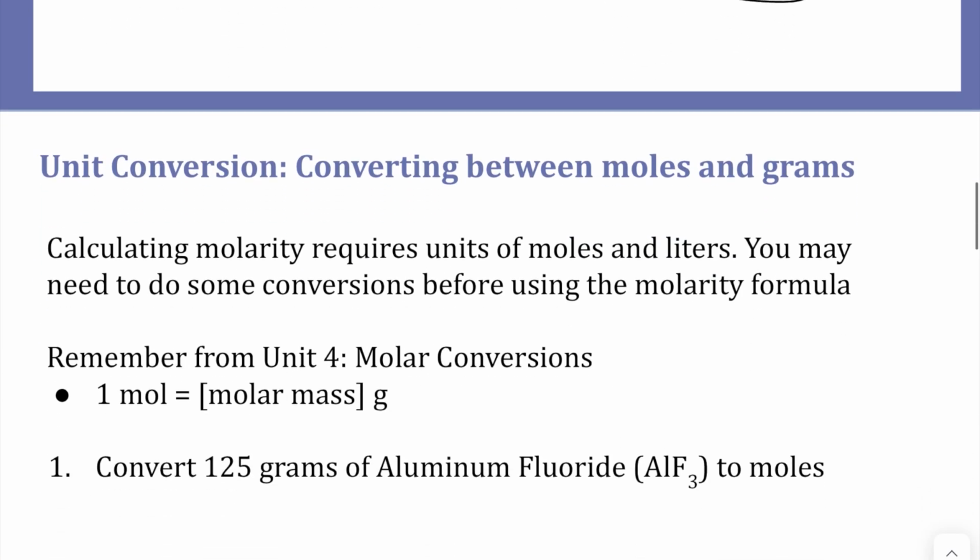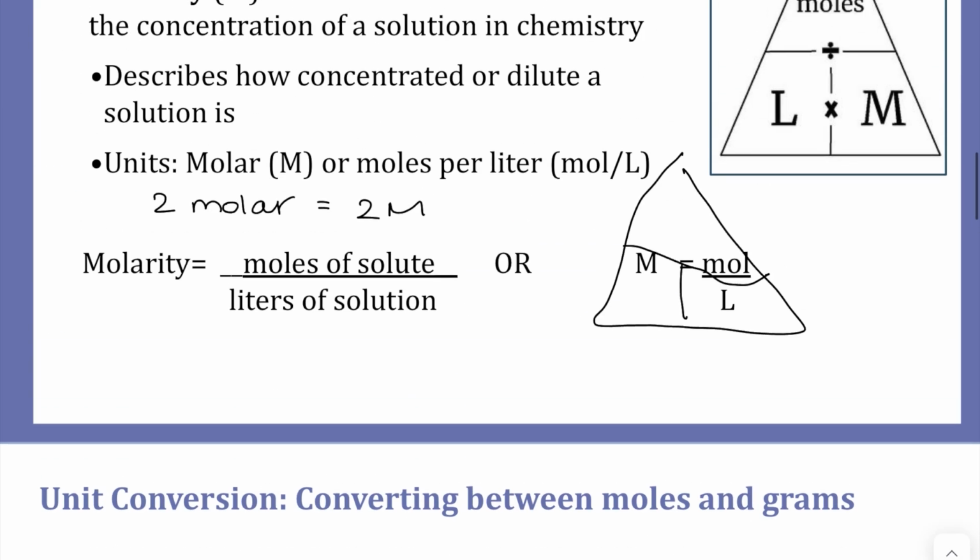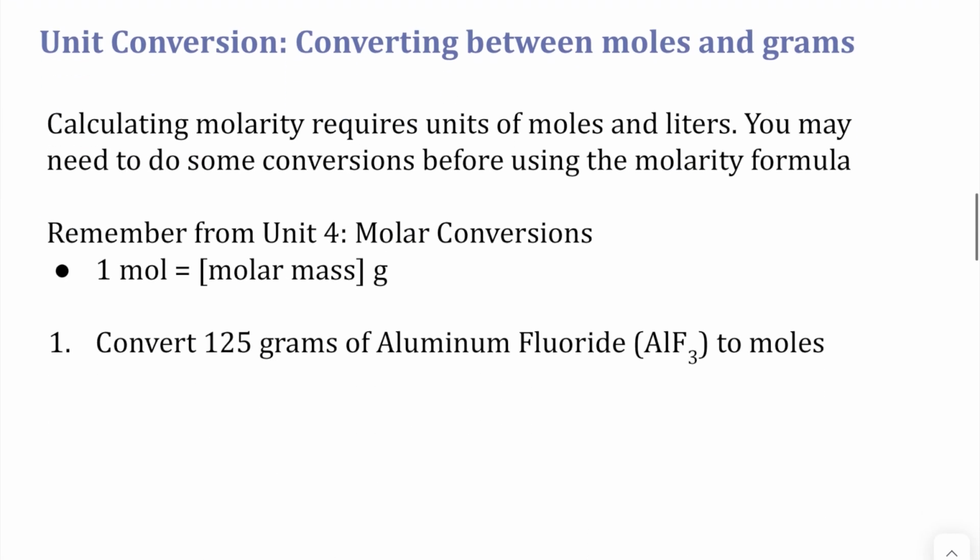sheet. So calculating molarity requires those units of moles and liters. We see that in our formula, which means that if we don't have moles and liters as our units, we need to get our measures into those units. So requiring moles and liters, we may need to do some conversions.